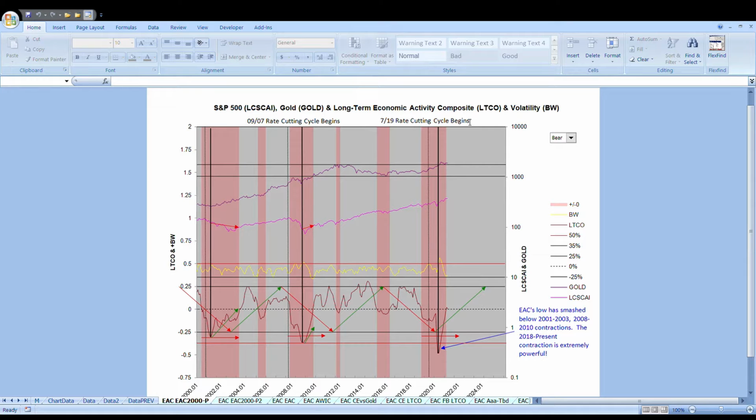The EAC, which is defined inside the blog, you can look it up either in the matrix tab or the Q&A tab.